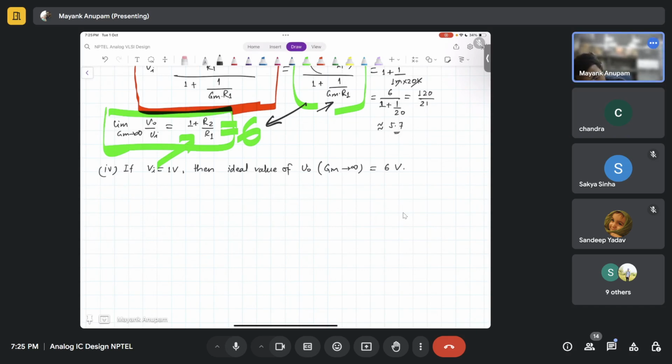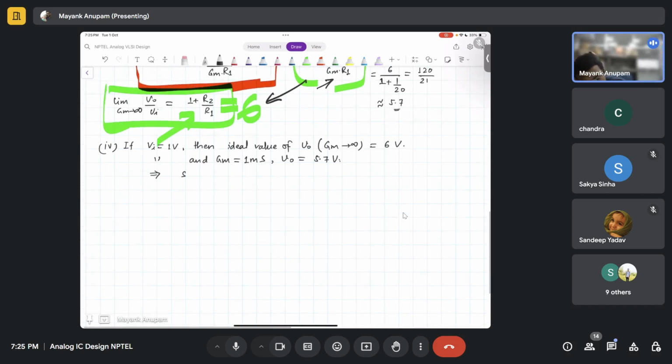So similarly, if Vi is equal to 1 volt and Gm equals 1 millisiemens, then V0 will be how much? 5.7 volts. So tell me, what is the steady state error? 6 volts minus 5.7 volts, 0.3 volts.